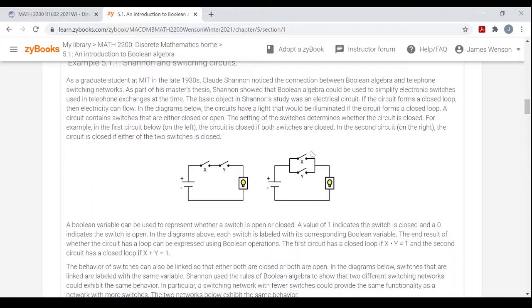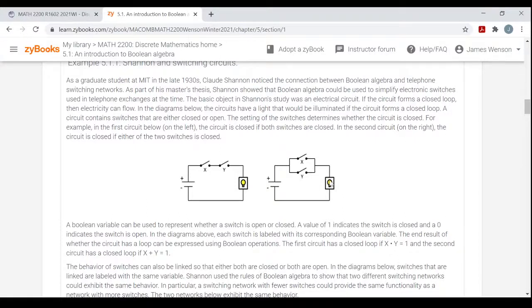And then this picture here would represent x or y, or x plus y. Right? Because if x was closed, you'd be able to find a loop through to the light bulb. Just follow the x path. If y were closed, you could follow the y path and get a loop and turn the light bulb on. So you could have 1 plus 0, closed switch, open switch, and the light bulb would be on.